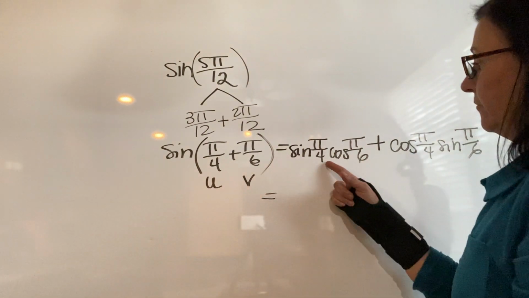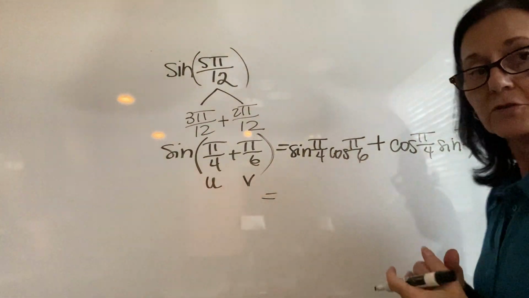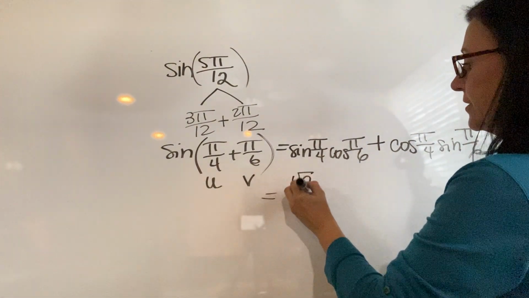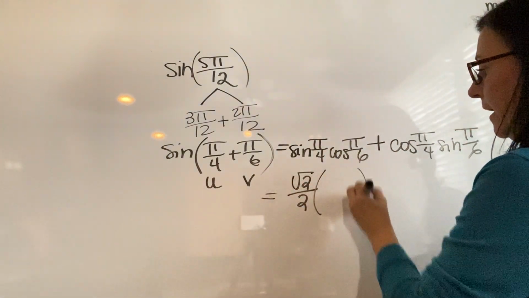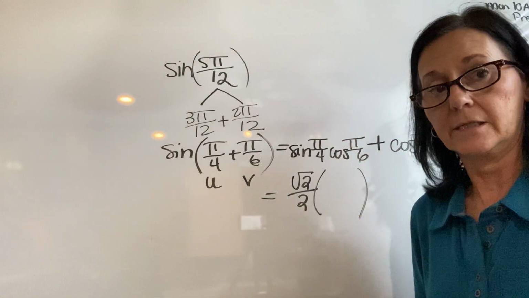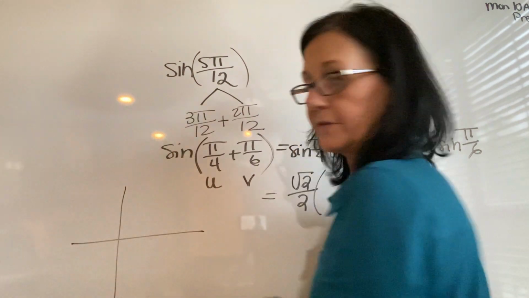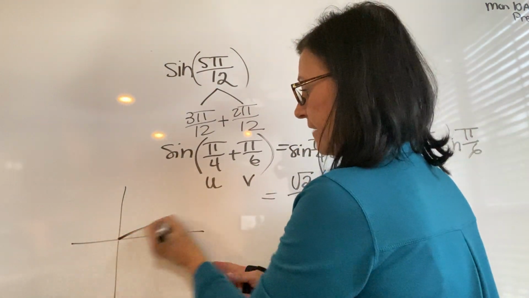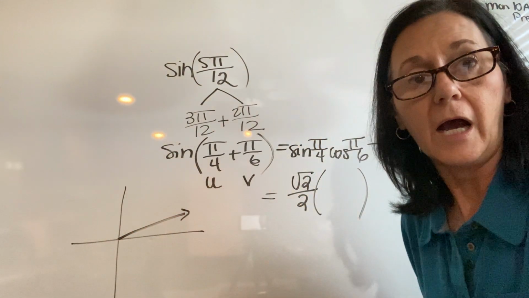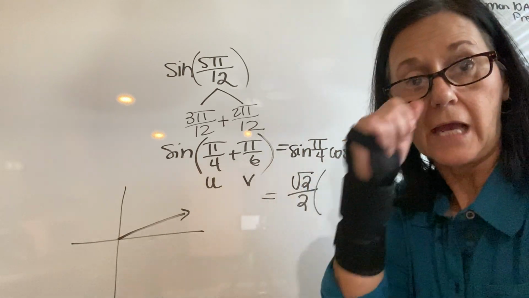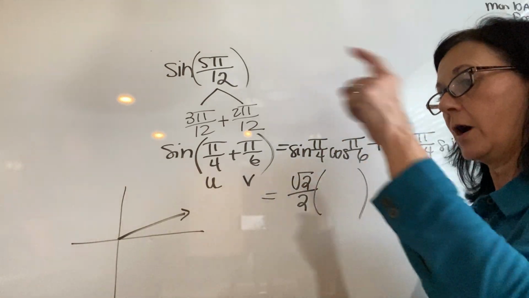First of all, I'm noting we're in the first quadrant for all of them. The sine of pi over 4 is square root of 2 over 2. For the cosine of pi over 6, if this is my unit circle, it's that first radian measurement off of the x-axis. So the cosine starts at 1 and goes down.